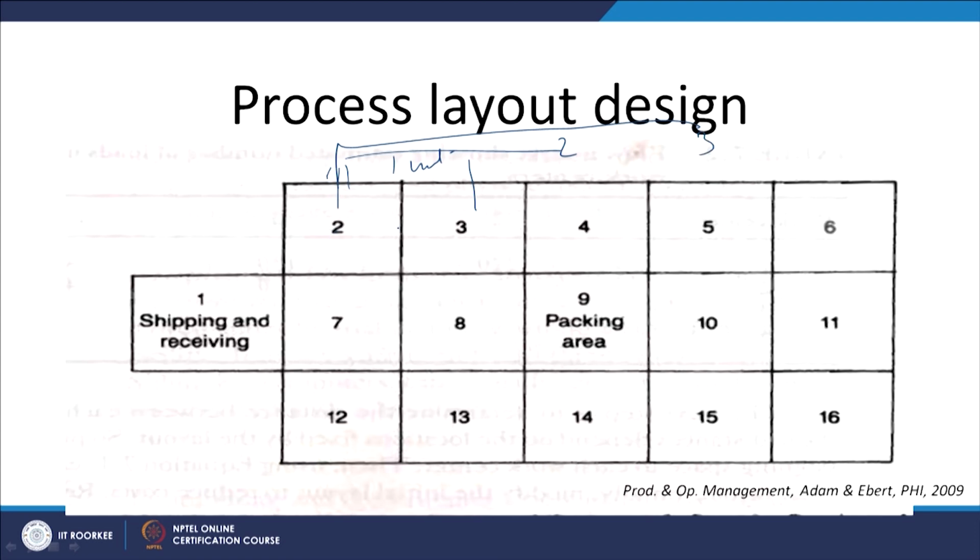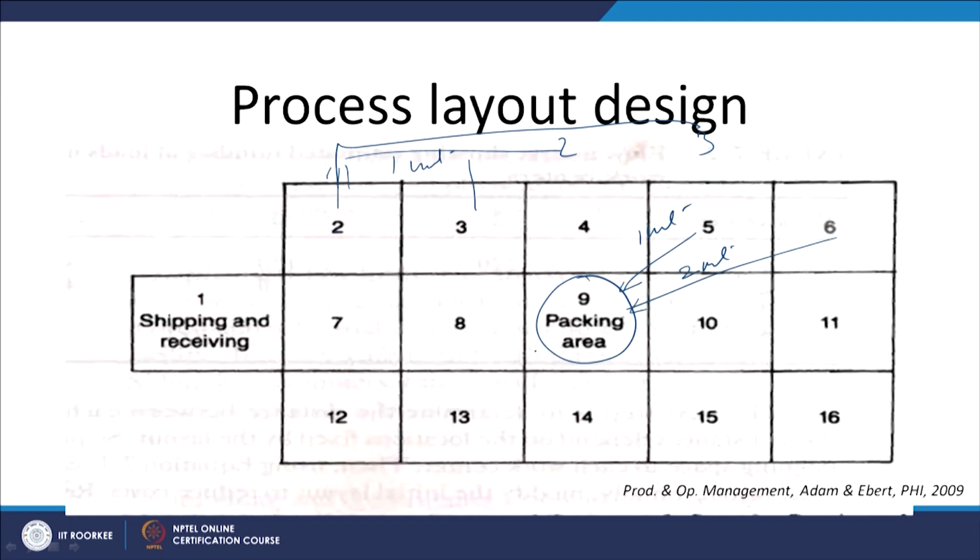But what kind of movement are we having? From the stores, the material is brought to the packing area 9. If it is brought from store 6 to 9, then the distance to be travelled is 2 units. If it is brought from store number 5, then the distance to be travelled is 1 unit.